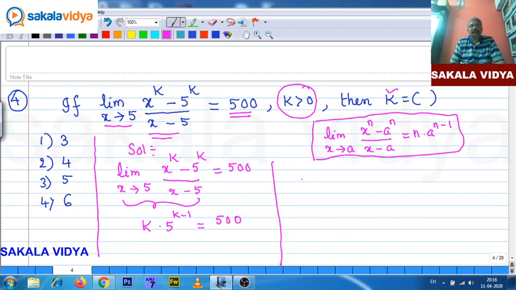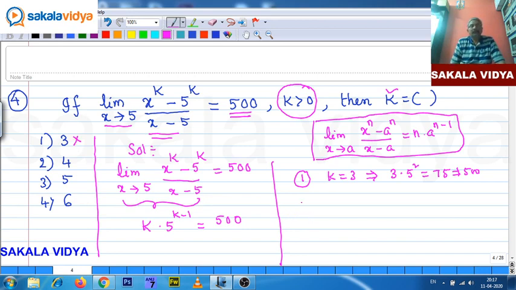First option, let us take k is equal to 3. That means 3 into 5 square, that is equal to 75. 75 does not equal 500. So, first option is ignored.